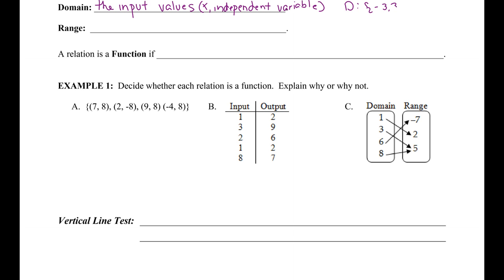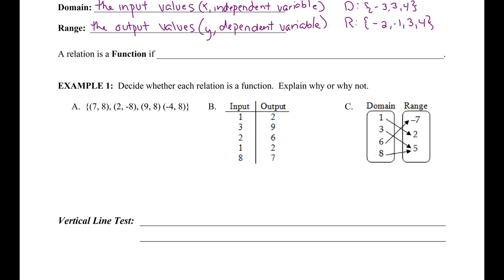We can see this from the mapping diagram. The range is going to be the output values, which are my y or dependent variables. And again, if I look up at the mapping diagram, my range is -2, -1, 3, and 4.